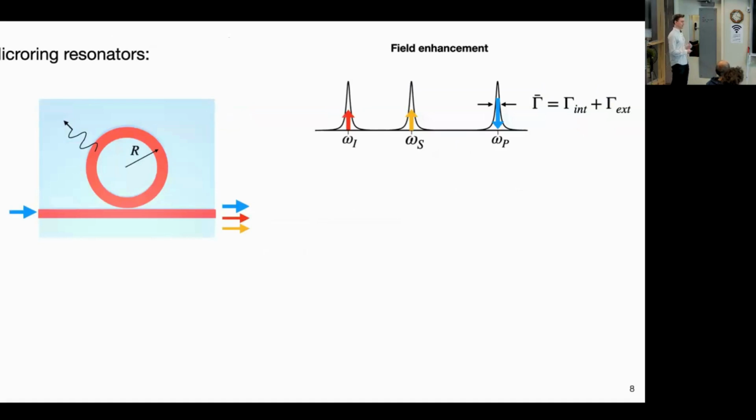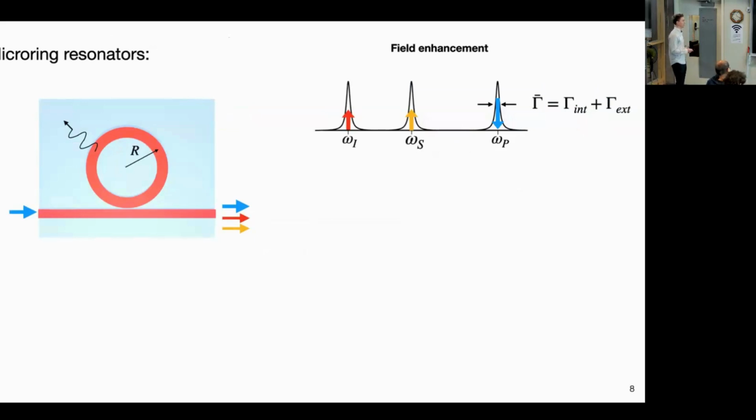So we can enhance that interaction by confining it to a resonant structure like a microring resonator. Here I have a ring that's coupled to a waveguide. I put my pump into the waveguide, and it will evanescently couple into the ring, where its amplitude will be enhanced.